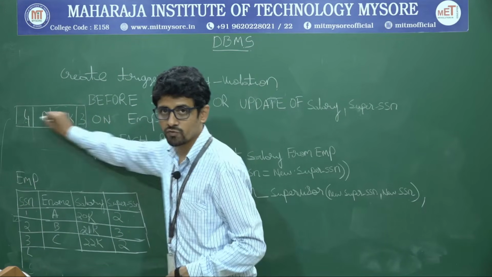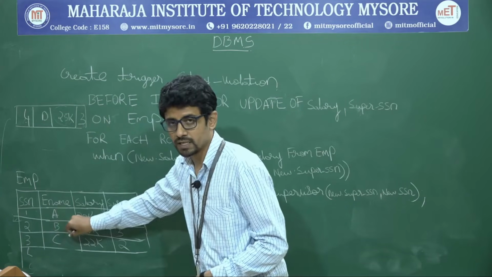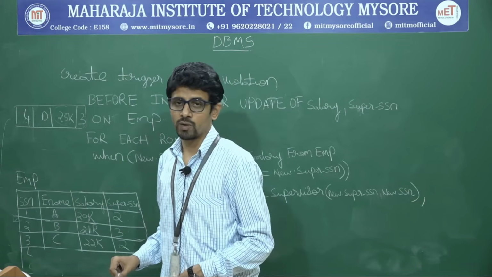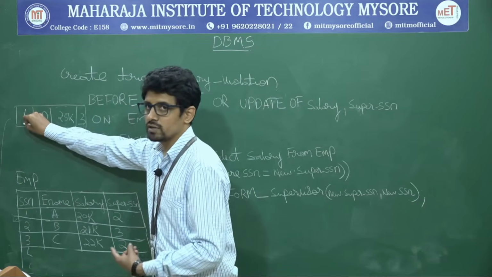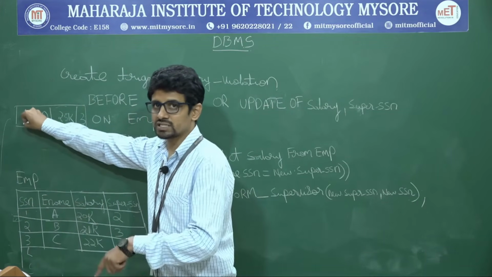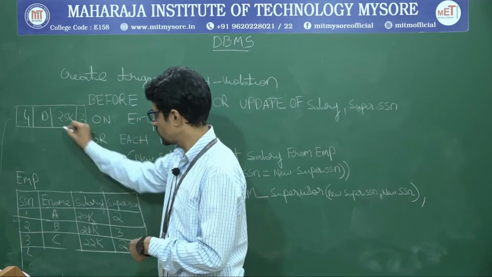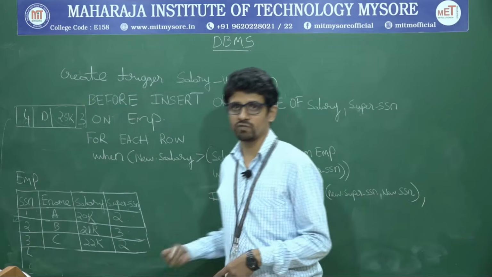Whom am I making supervisor for 4? 3. Now I need to extract the salary of 3 from this table and verify whether the new salary is less or greater. Only if less I need to perform the insertion, because this employee is a subordinate, he should have less salary than his boss. So this is what I need to check before inserting this row into this table, I need to verify.